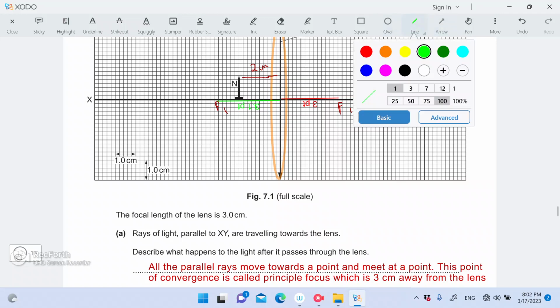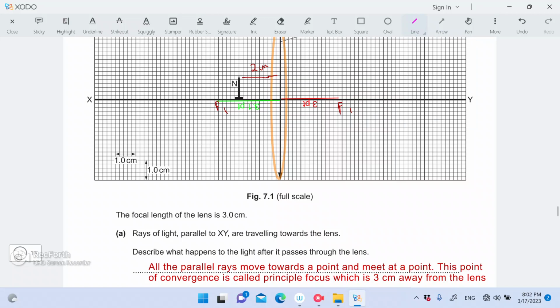So we have to draw 2 rays, right? So one ray will be from here, it will cross the first focal length, right?